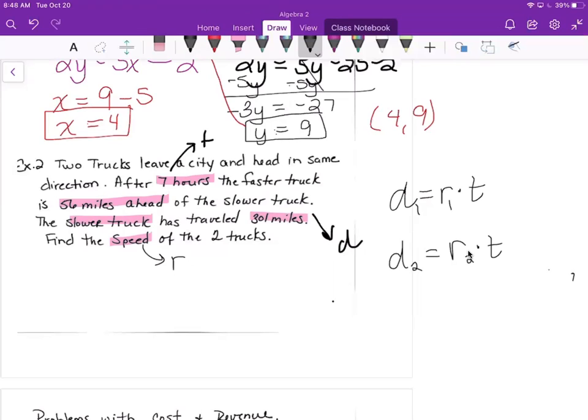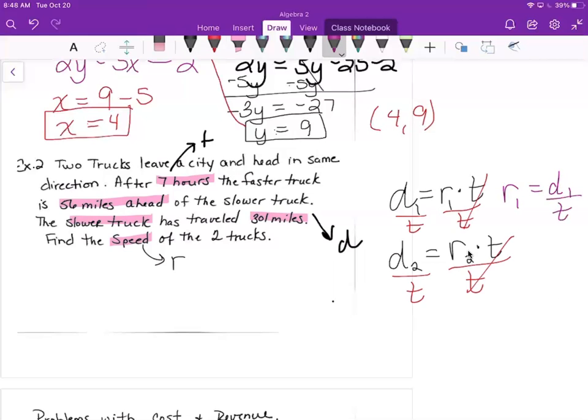So you can do this one of 2 ways. You can, right now, go ahead and divide both sides by your time. Our time is 7 hours, so we'll end up plugging 7 in. If you don't like to do it while you're still using variables, you could plug your numbers in and then divide out the time. So our first equation is rate 1 equals distance 1 over time.